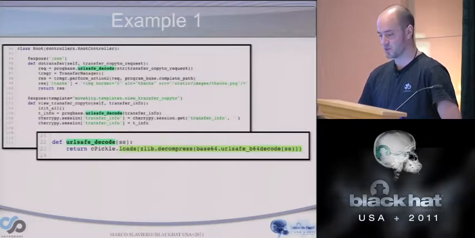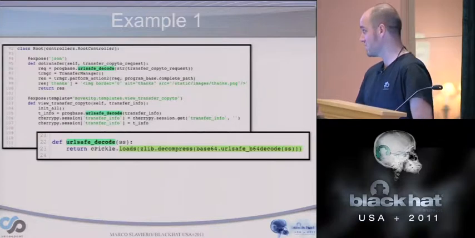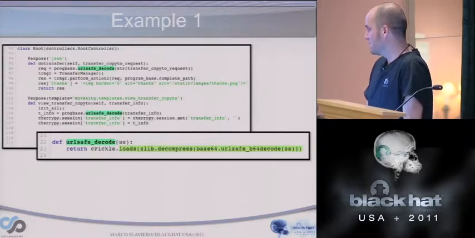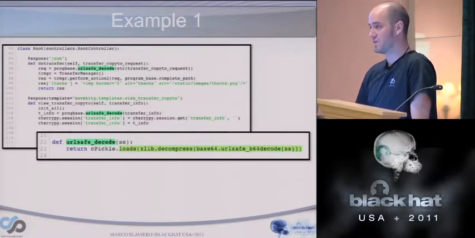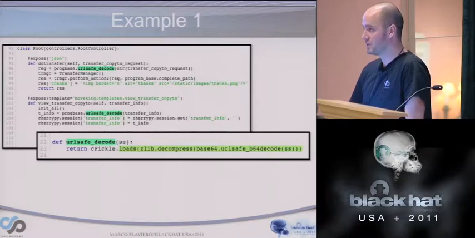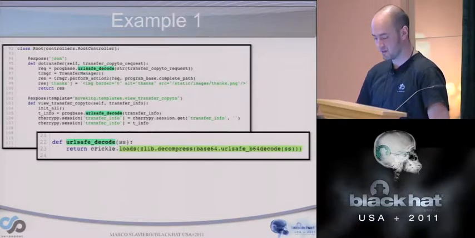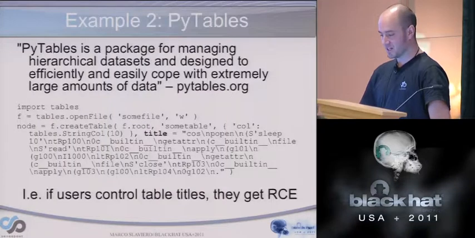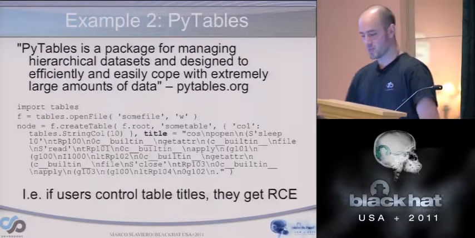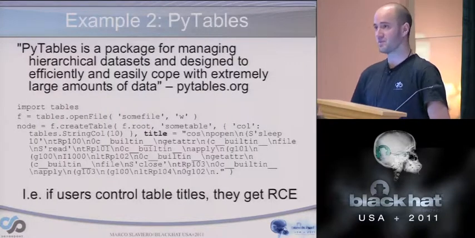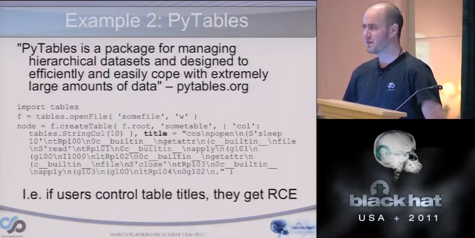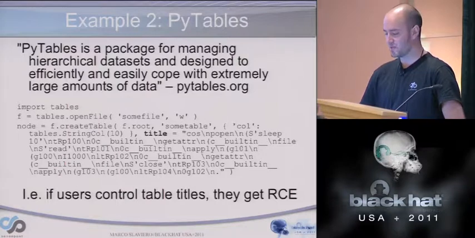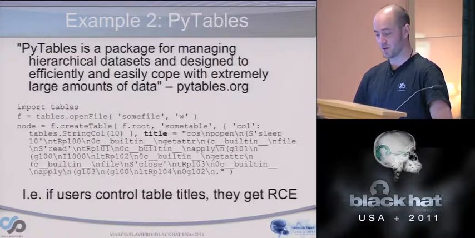So I've got 5 examples to talk about. The first example is basic web code, and basically this loads pickles out of web requests. So it's sort of 101 errors, and those are quite easy to find, and you'll find quite a few examples of those. The second one is a tool called PyTables. PyTables is a library for wrapping around databases, and as part of the PyTables library, it's possible to create tables.